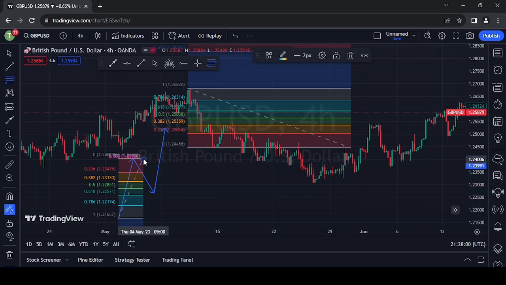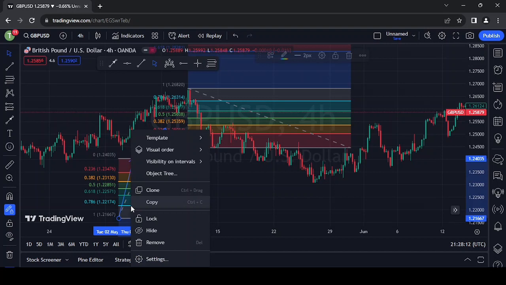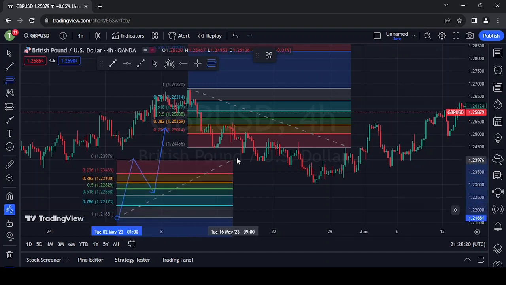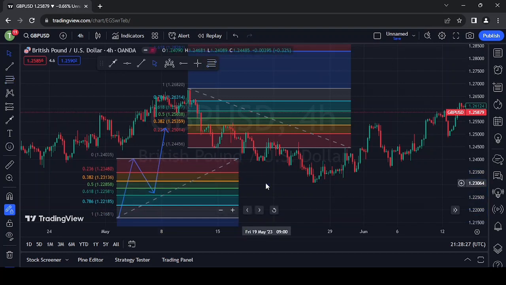Let me extend it. Let me remove it and try another one. Please always extend it to the right where price is yet to trade into.